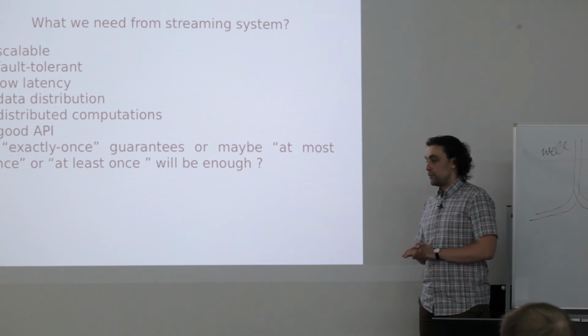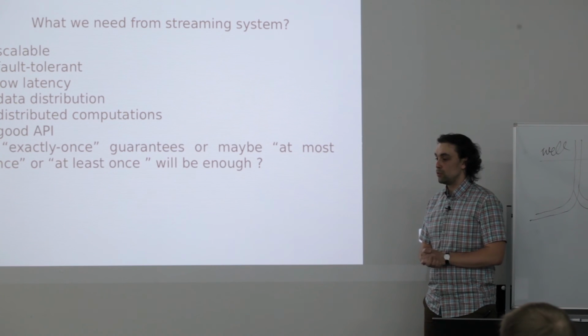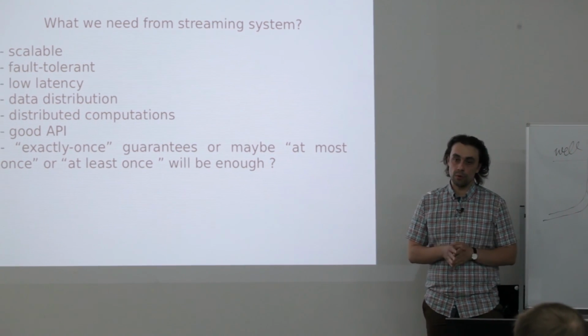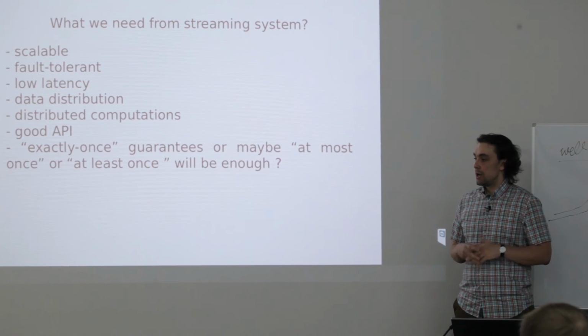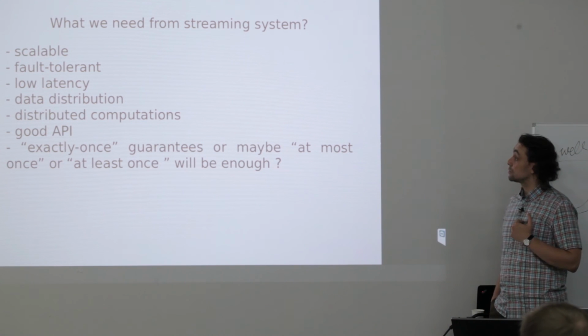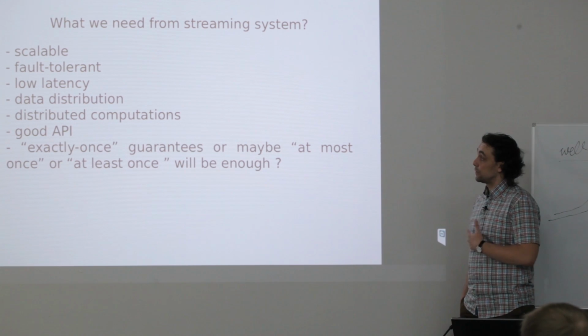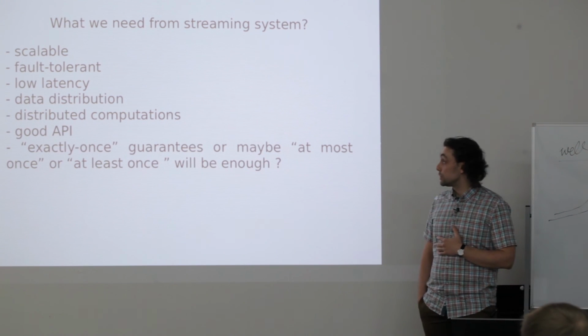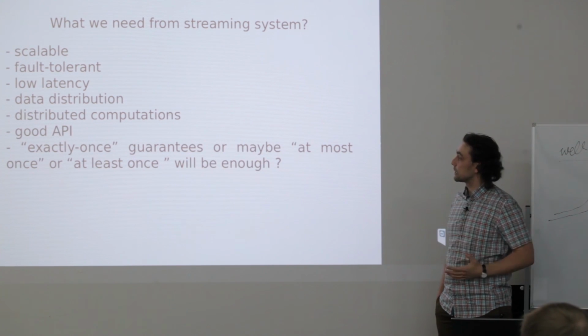One of the first questions when we hear about Spark Streaming, and not only Spark Streaming but different streaming systems, is what we want from the system. Of course, as for me, the key points are fault tolerance, low latency, distributed computation, and scalability.